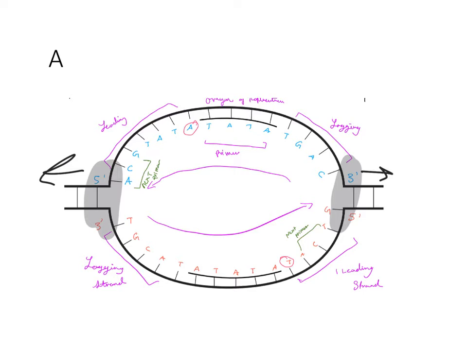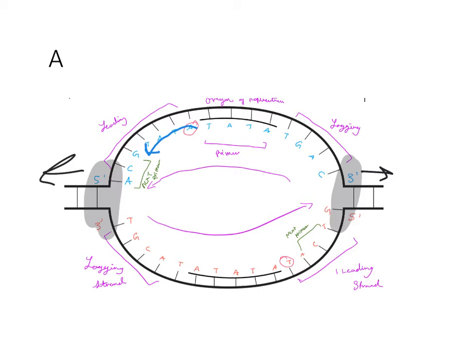Okay, so in this case, let's focus here on the top primer. This is the 3' end of the primer, and that's where replication is going to start. And that makes that the leading strand, as was correctly labeled here. But there would be no primer put there on the leading strand, because what would happen is DNA polymerase would start adding nucleotides on the leading strand.